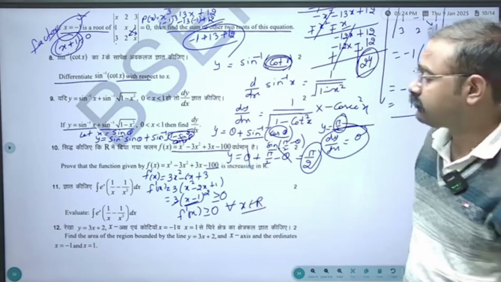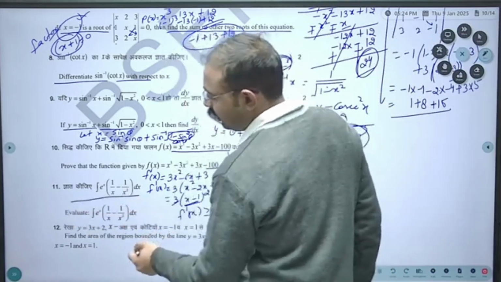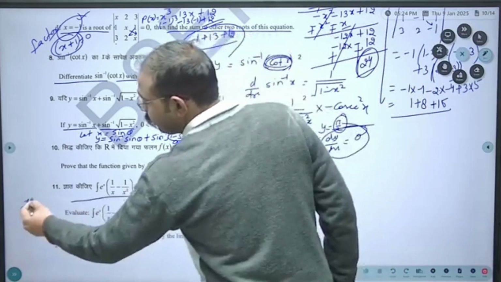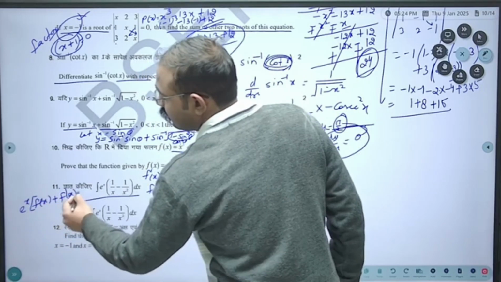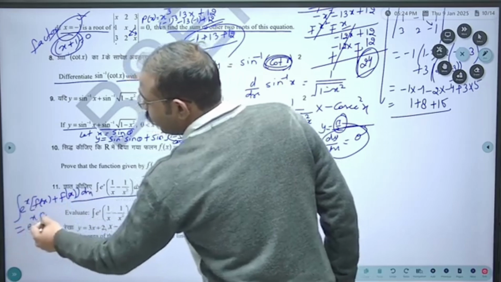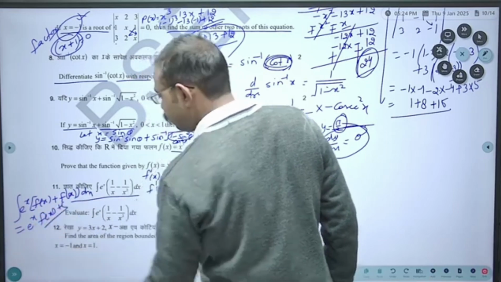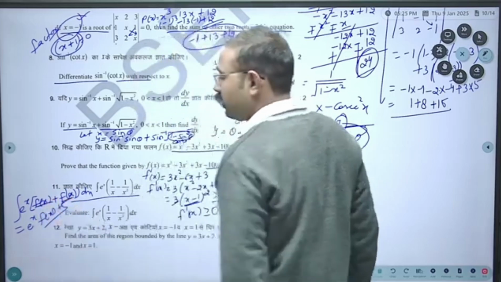Next question, we have to evaluate this, and we know that the integration of e raised to the power x times fx plus f dash x will be e raised to the power x fx plus c. We must have a function and its derivative here.